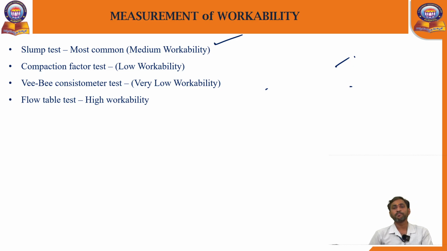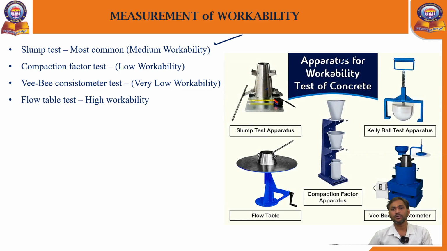That's why the slump test is a very common test for any type of concrete, and we can easily measure the workability. Now, the apparatus we need to measure the workability of fresh concrete, you can observe here.